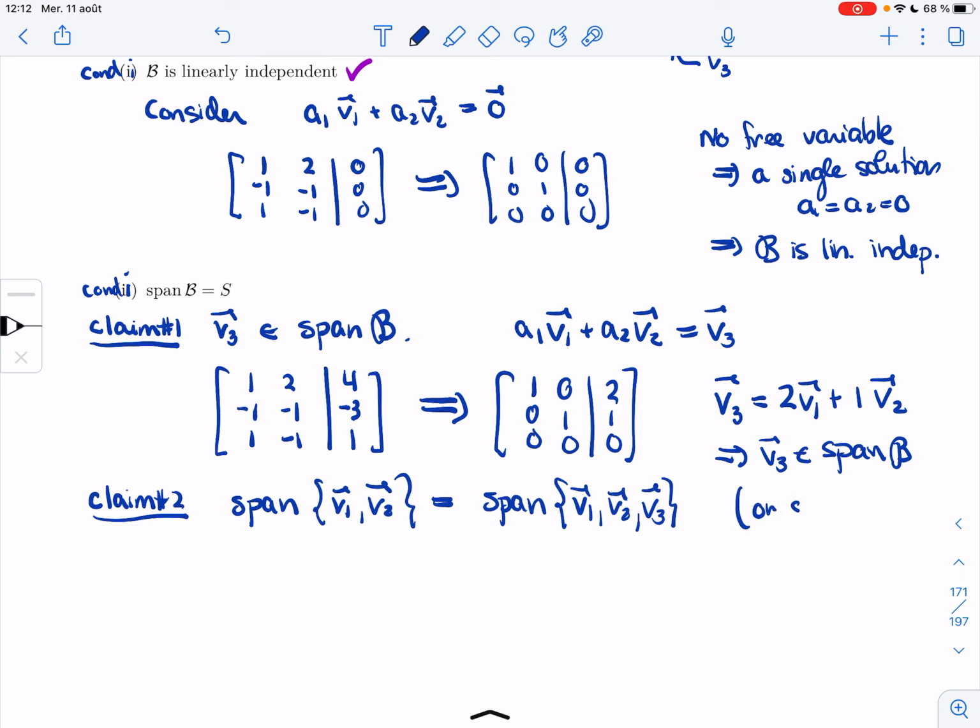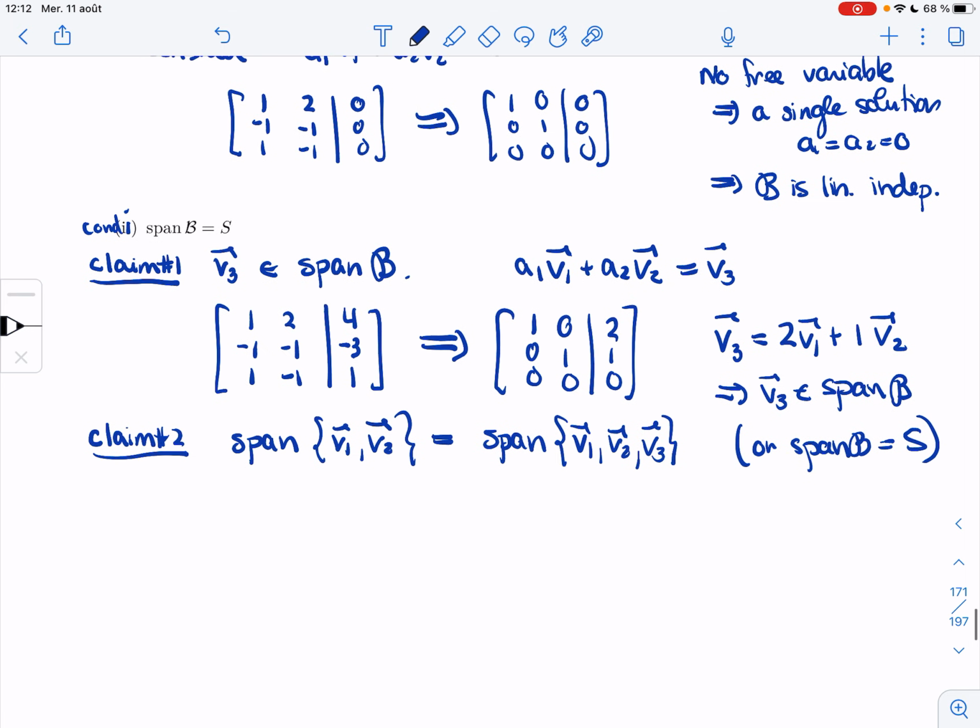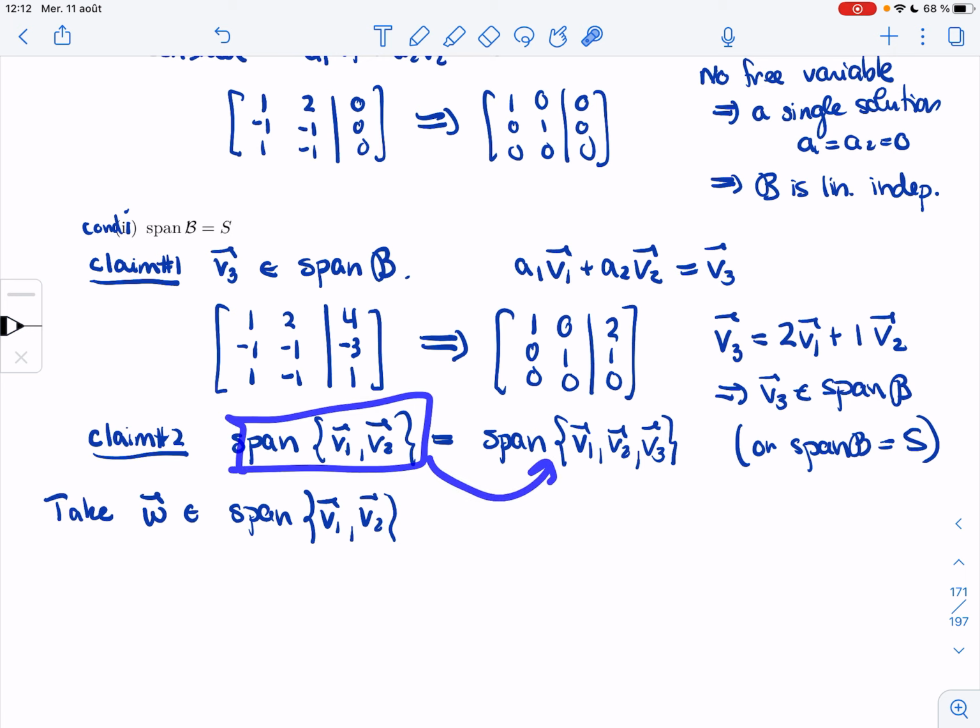And so span of B is S. All right, so I'm going to take W in the span of the two vectors. So I'm taking W here, and I want to show that it's in this set as well.